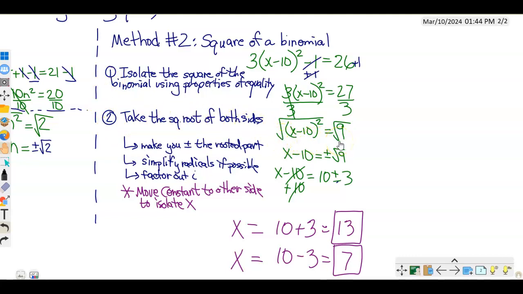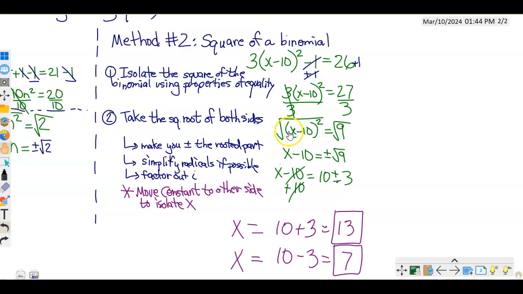Now the cool thing here is that when you take the square root of a squared binomial, what you are doing is you are undoing the square and getting rid of the parentheses, which means you can do operations on what you have left.